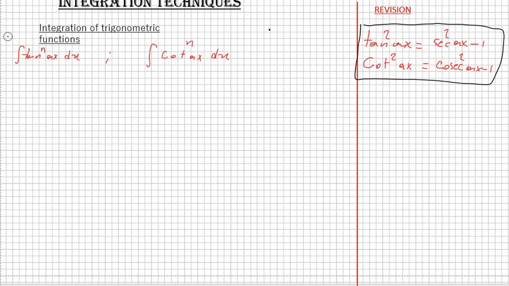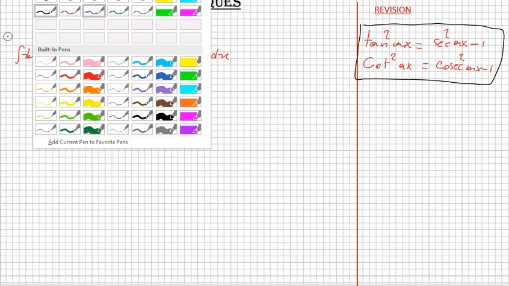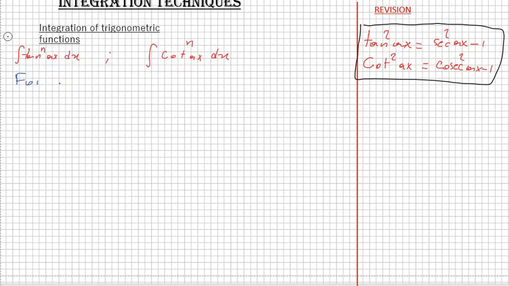These identities will be used when n is even, so if the exponent is even, then we need to think about these two identities.